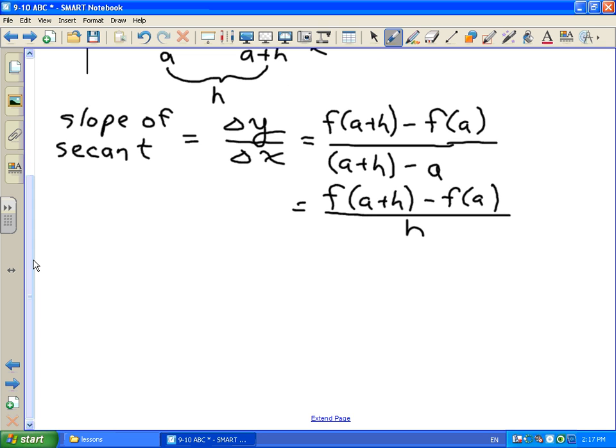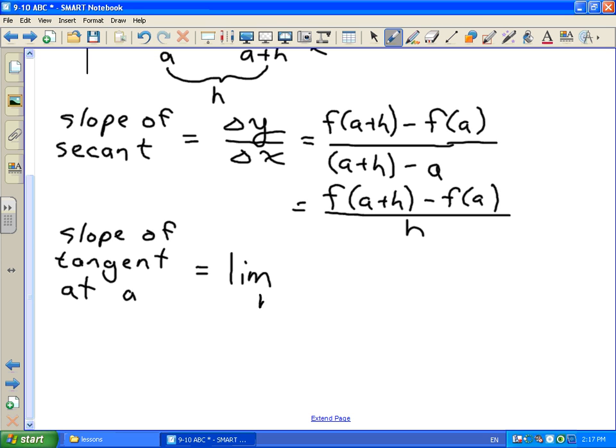So the slope of the tangent at point A is going to be the limit as h goes to 0 of this expression that we have right here: f at A plus h minus f at A, all divided by h. I'll just get rid of that dot there.